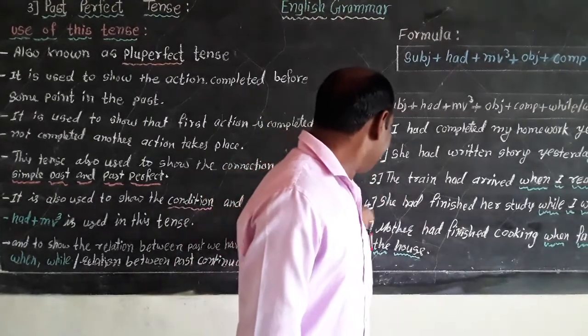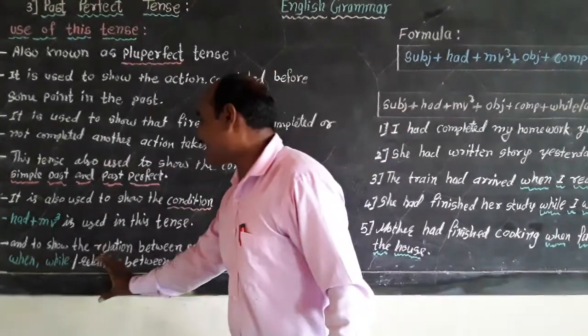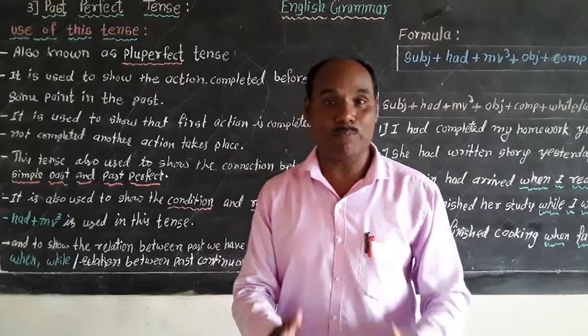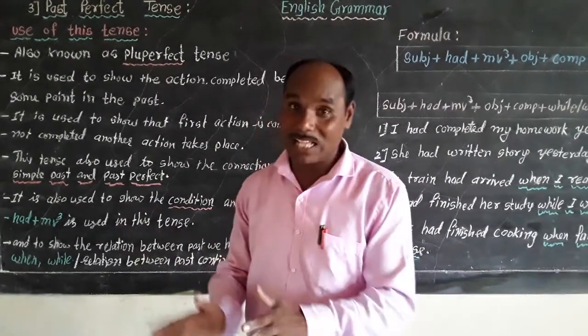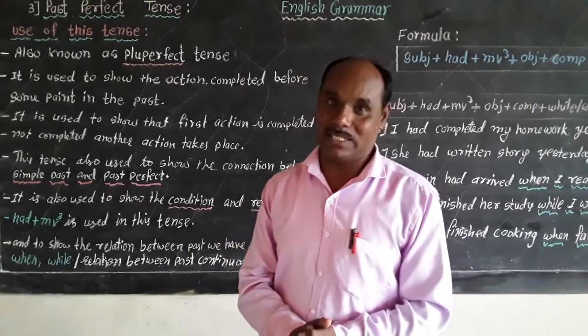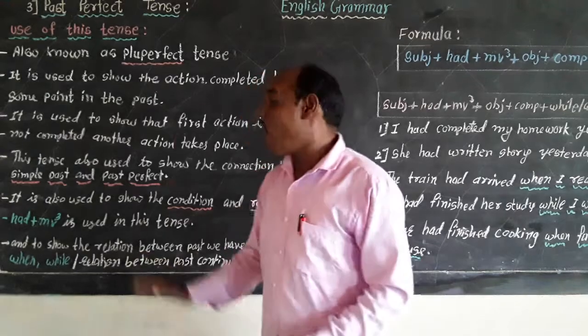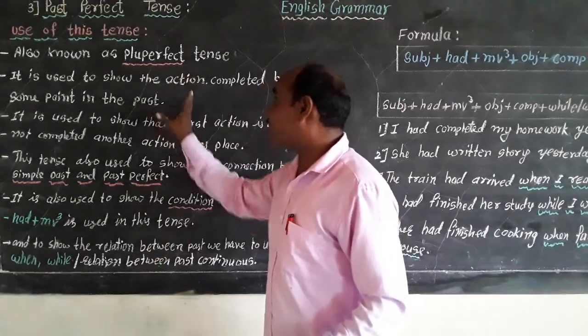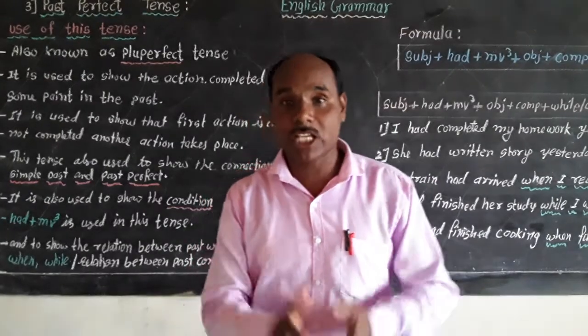But the remaining three sentences which are given over here indicate the relationship between past perfect and simple past and also past continuous tense. So these are the rules used in past perfect tense, my dear friend.